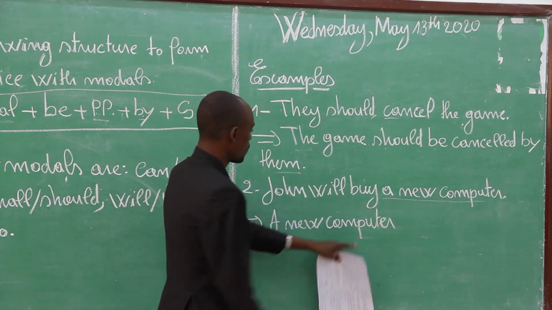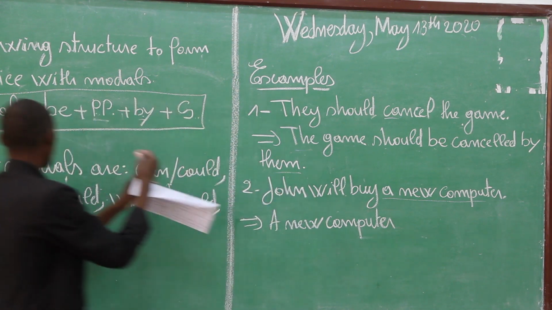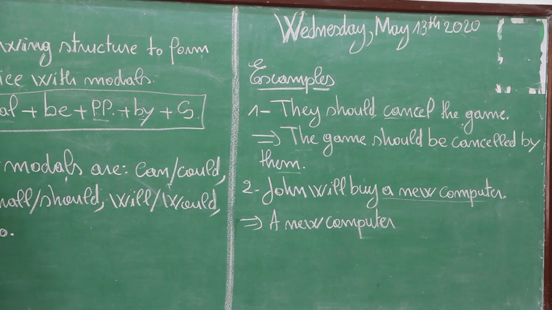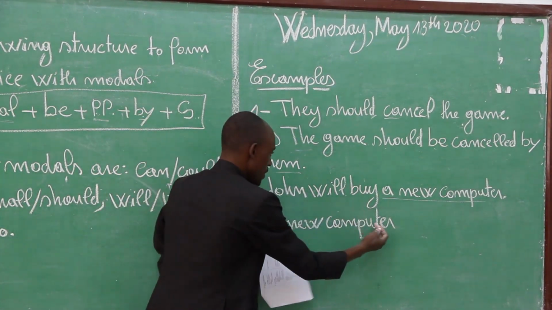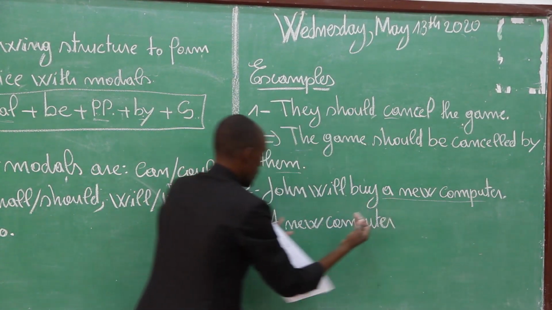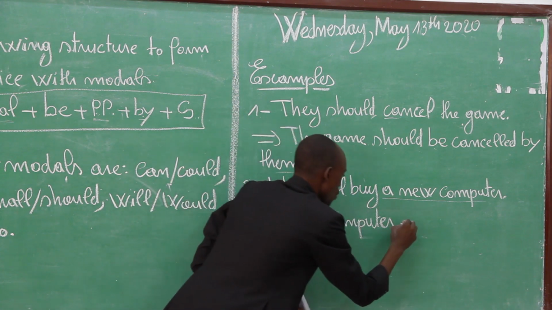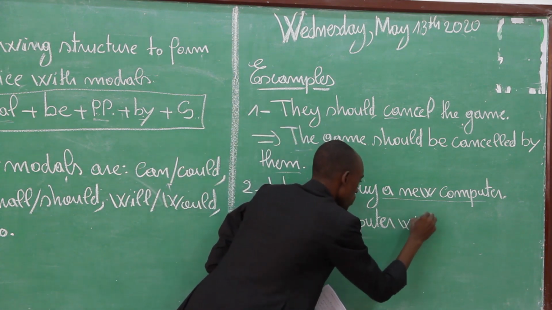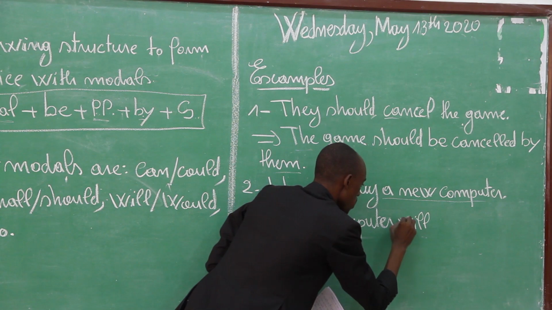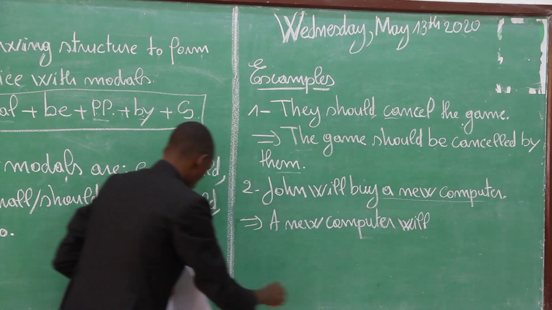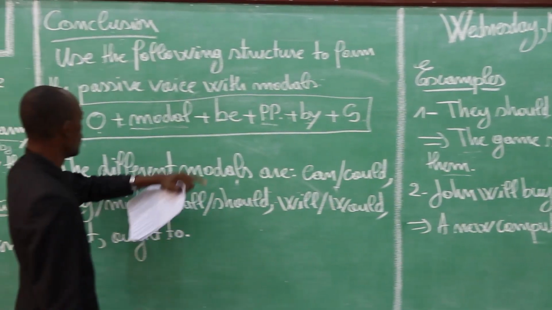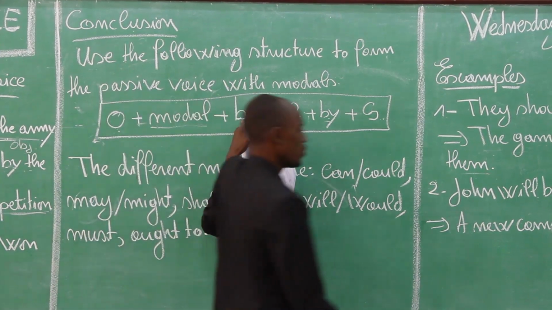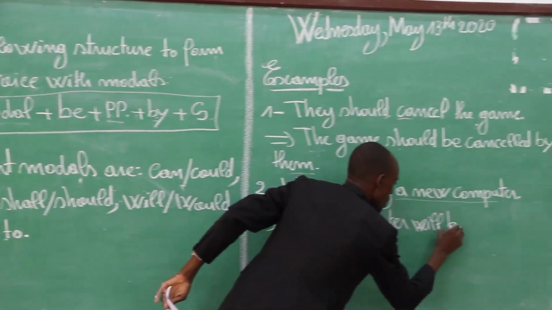After the object, we take the modal verb, as the structure says. The object comes here, and we have the modal: will. And after the modal we have be.